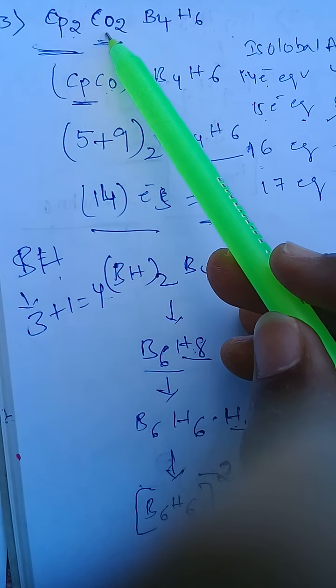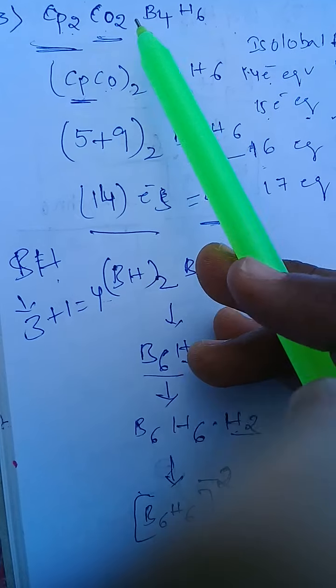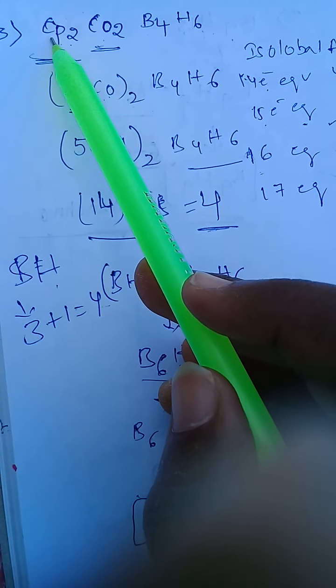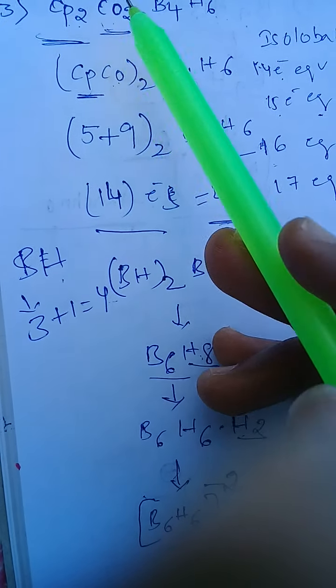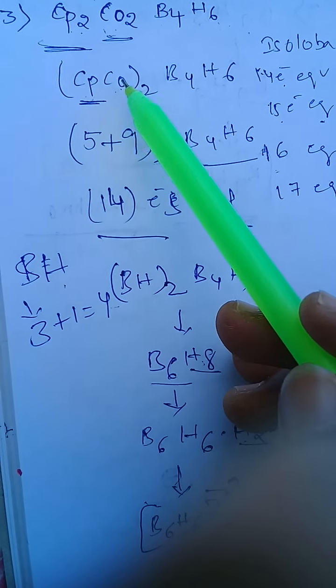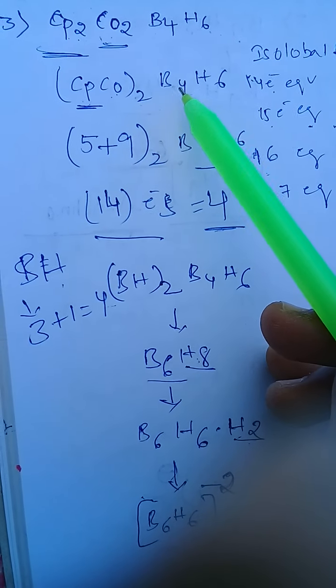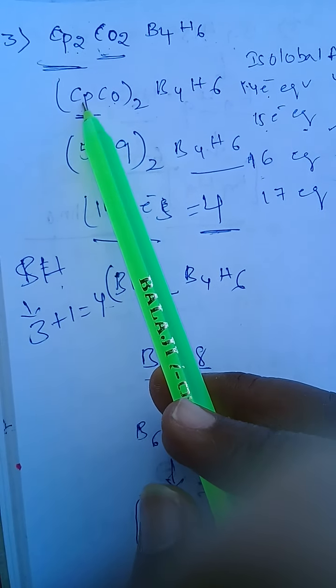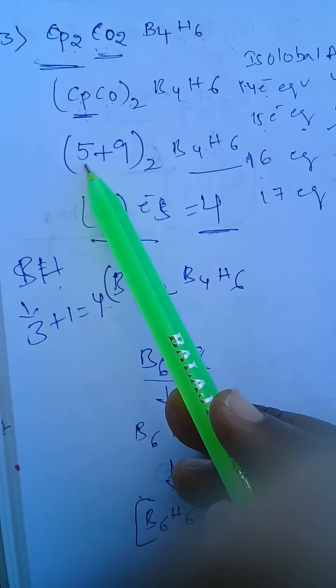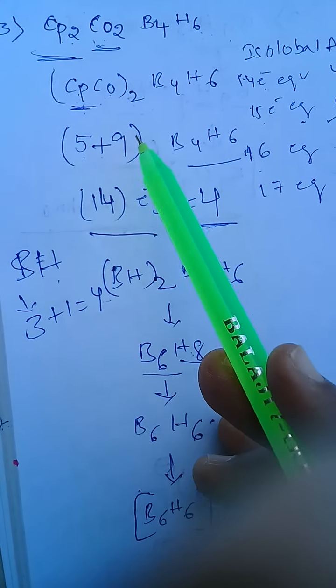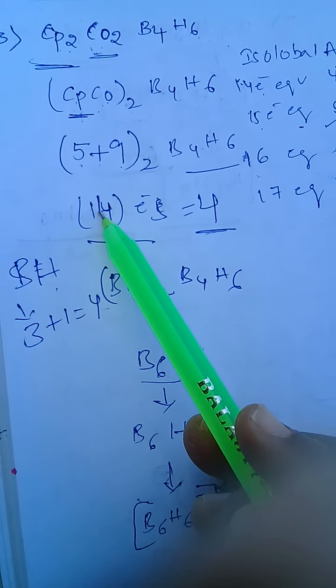For Cp2Co2B4H6, cyclopentadienyl and cobalt are present twice, so we take CpCo as common twice. Cyclopentadienyl donates 5 electrons and cobalt valence electrons 9, total 14 electrons.